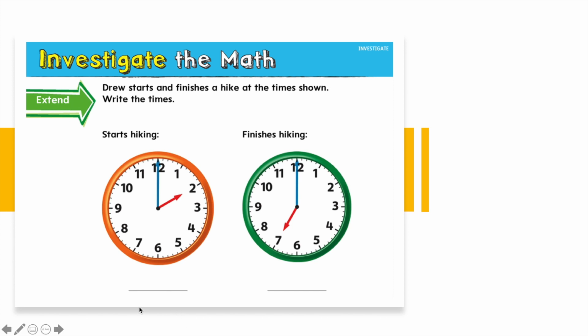To the 12. So how would we write the time? What time is it? 2 o'clock. So I'm going to write 2 o'clock. Let's look at the green clock. Where is the hour hand pointing to?